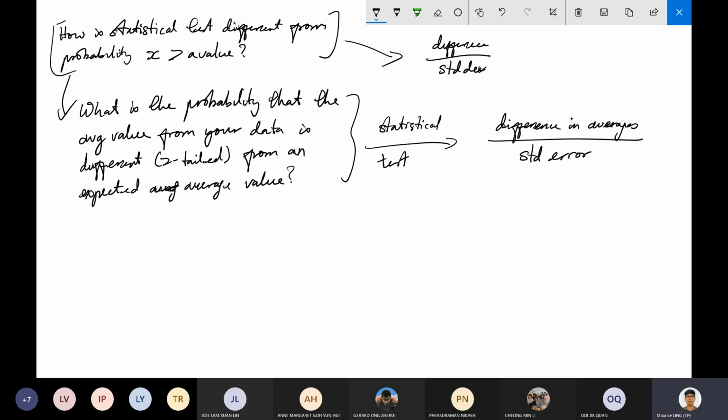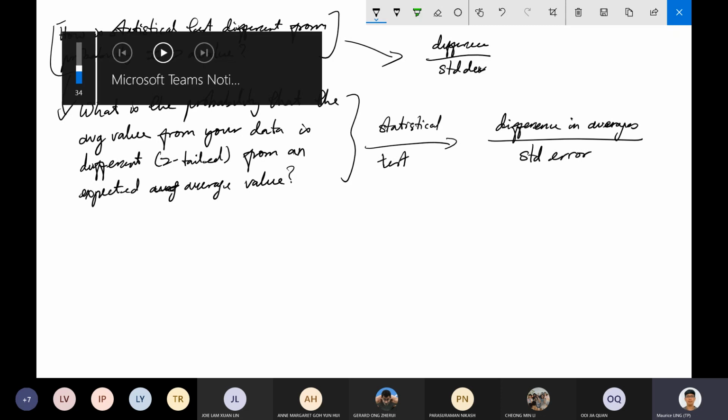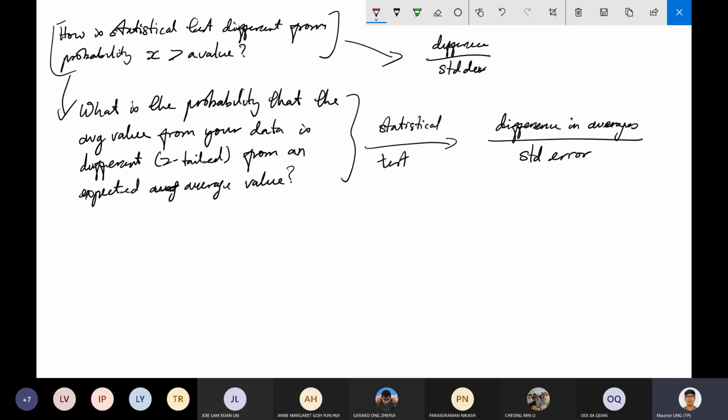So what do I mean here? For example, let me just use a different color. Let's say the mean height is 170 cm. The standard deviation of the height is 5 cm.